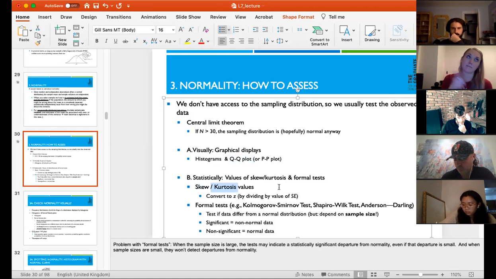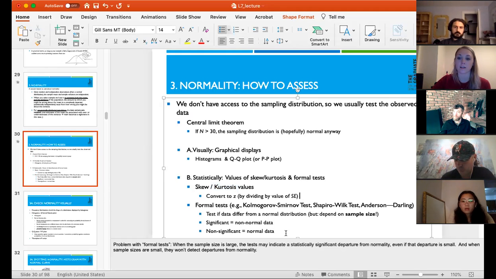If you think back to the third or fourth lecture when we talked about skew and kurtosis, remember leptokurtic, platykurtic, all of that. So you can actually quantify these values. We're going to quantify those, convert those to a z-score, and then it's basically a statistical test. Is that z-score significantly higher than a cutoff value?